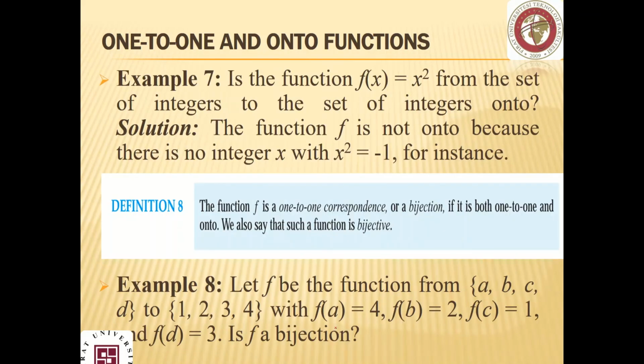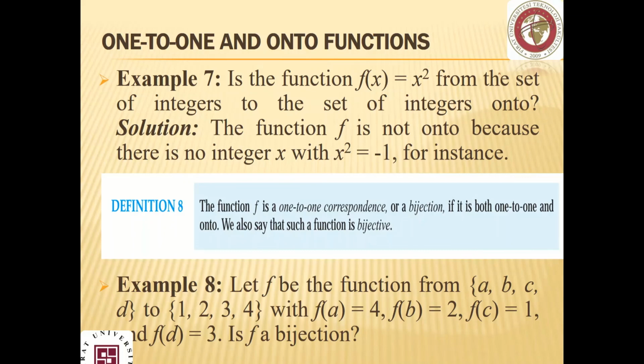All right. Let's take another example. Let's take the example we explained earlier. Let's say the function f of x equals x squared for the set of integers, from integers to integers. That means the input here is an integer and the output is supposed to be an integer, okay? Now we say like this. Is it onto or not?